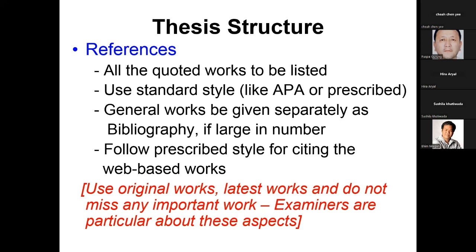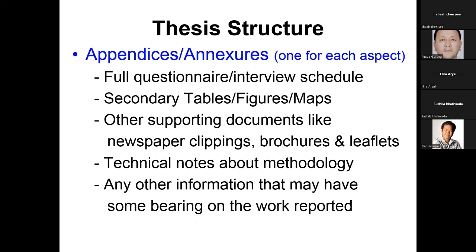Try to go through the original sources and original research materials, and do not suppress any new outcome of the research books or journals, because those who are going to evaluate the thesis are very particular about the topic and also the findings of the result. So your work must be related to that.